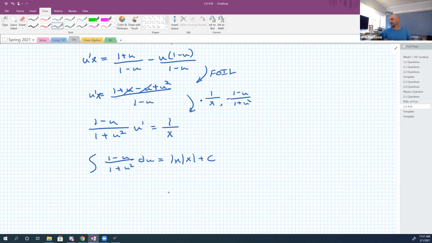That would work. It probably gives you something that's algebraically equivalent if you do it right. I personally would look at this and see that as the integral of 1 over 1 plus u squared minus u over 1 plus u squared.